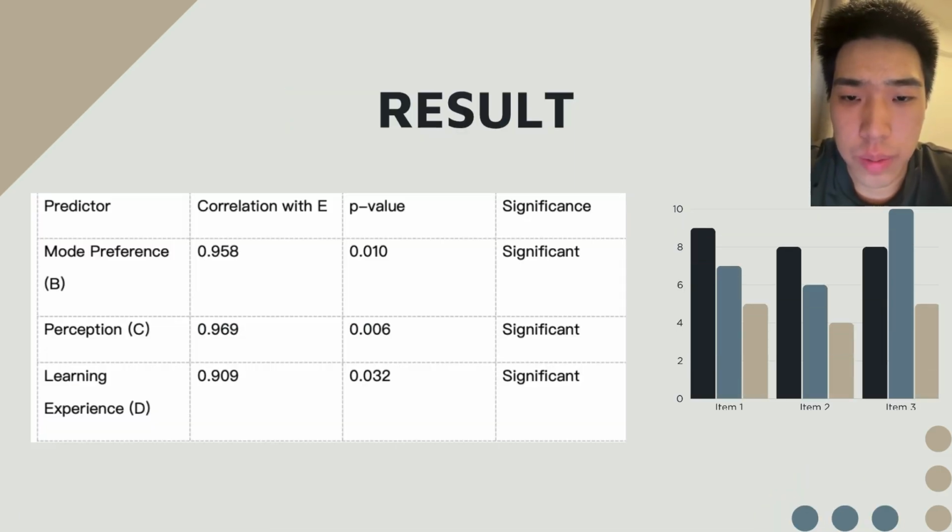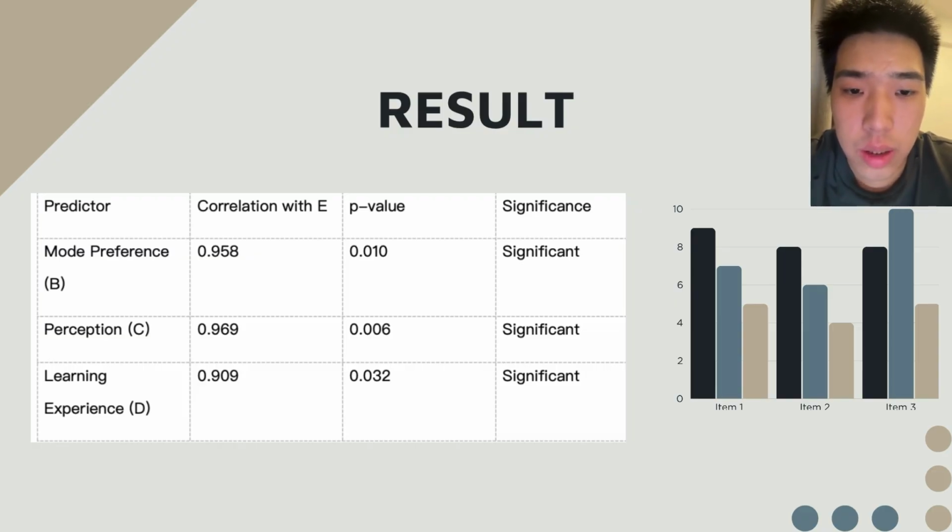First, from the table above, we can see that parts B, C, and D are very positively correlated with the exchange students' and international students' preference for these online and offline alternating learning modes. Among them, the highest correlation is part C in the figure, and its positive correlation is the most significant.